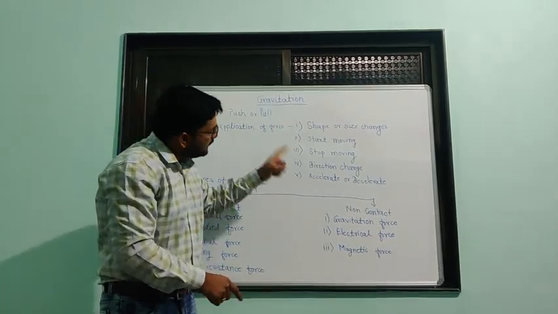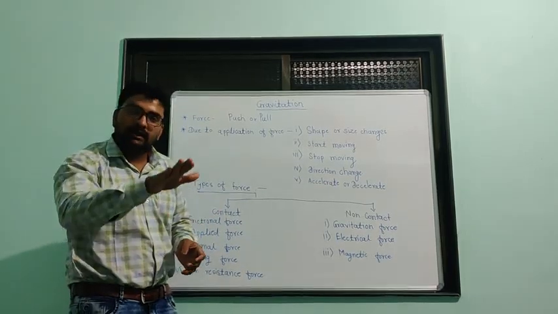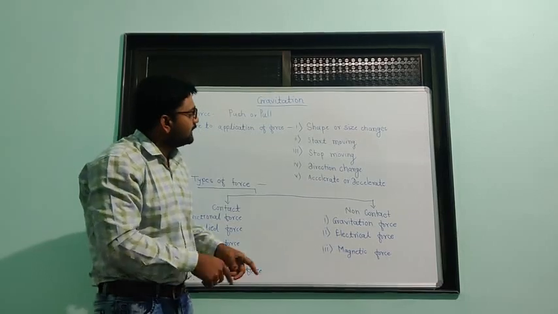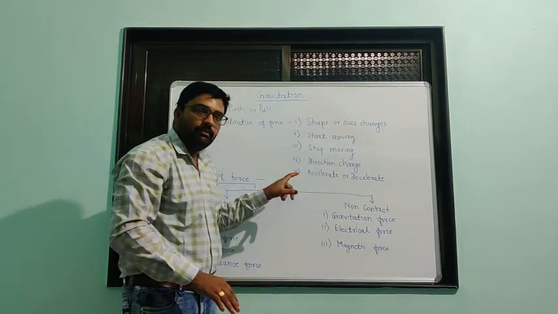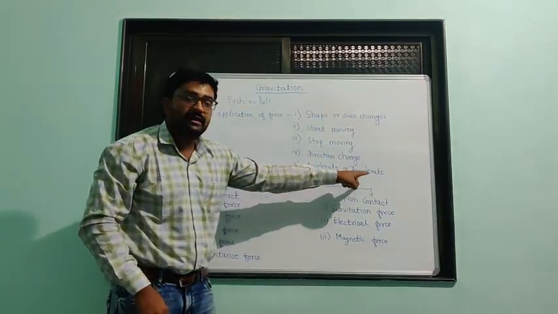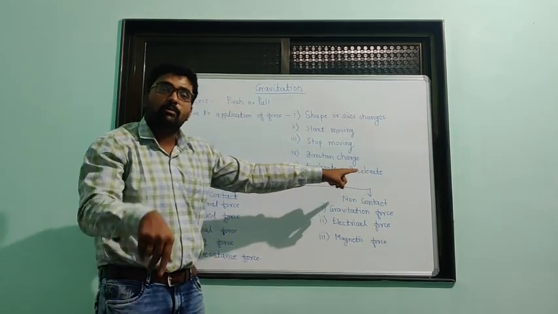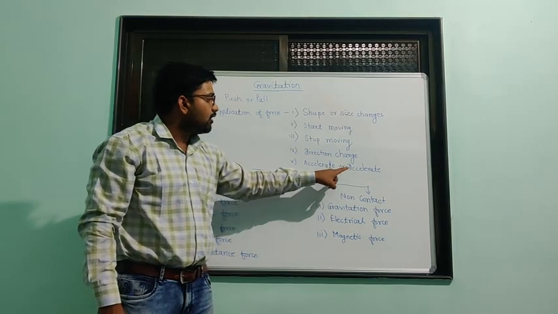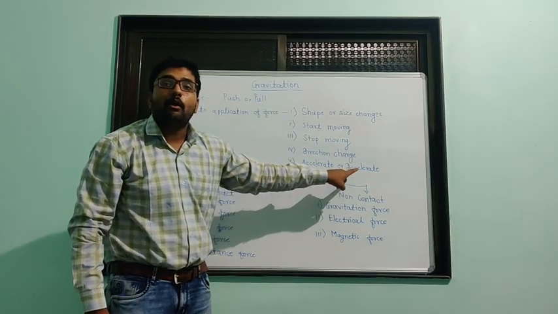So we can increase or decrease the speed of the vehicle. In that sense, we can accelerate or decelerate that particular vehicle. So by the application of external force, we can accelerate or decelerate an object.